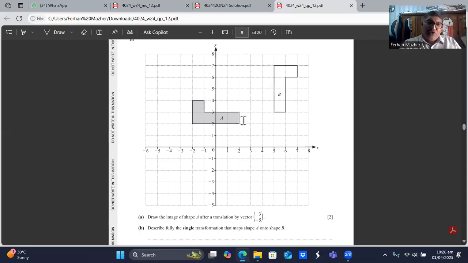So each vertex of this diagram A, you will move 3 steps to the right and 5 steps down. 3 steps represents the X, this represents the Y. So you have to move each vertex of diagram A 3 steps to the right and then 5 steps down. Let me show you.